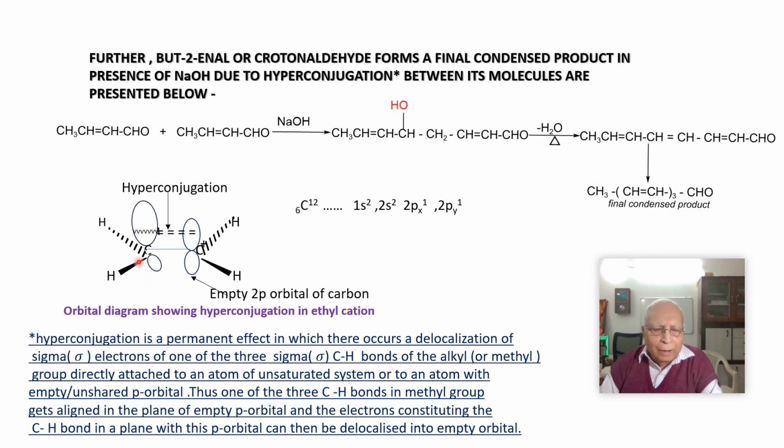This methyl group, as known to us, is an electron releasing group. And here, there are two vacant p orbitals, in both the carbon atoms.